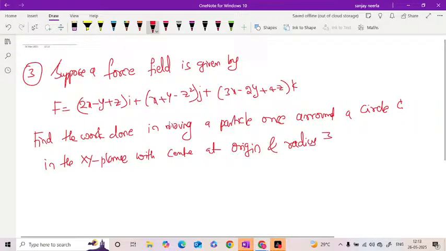Okay, so anybody, can you guess what is the x, what is the y, what is the z in this one?